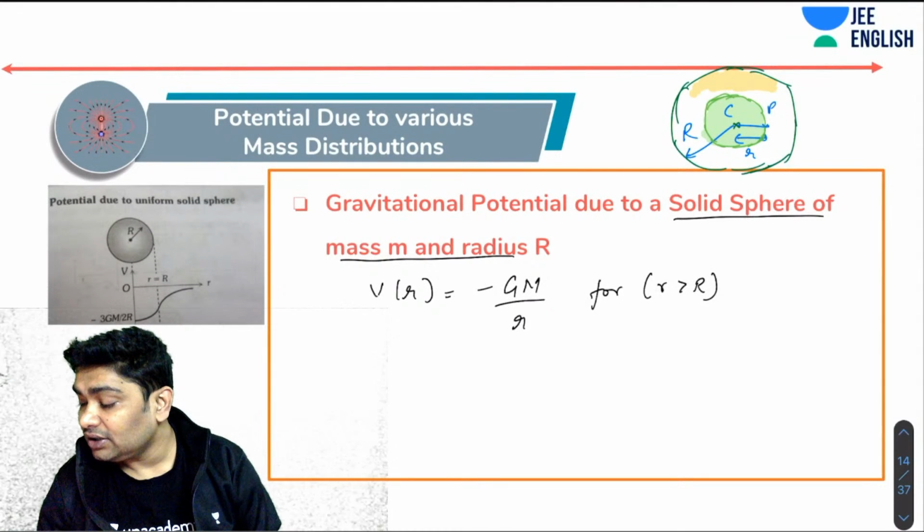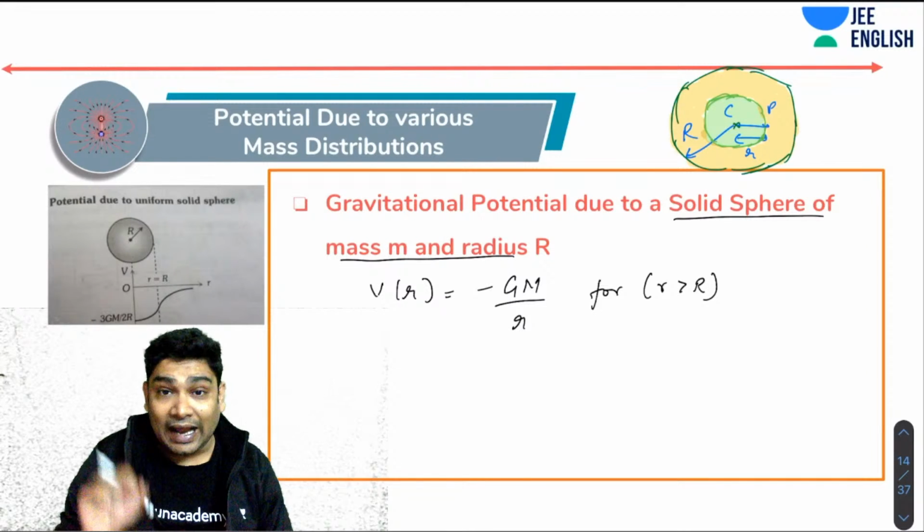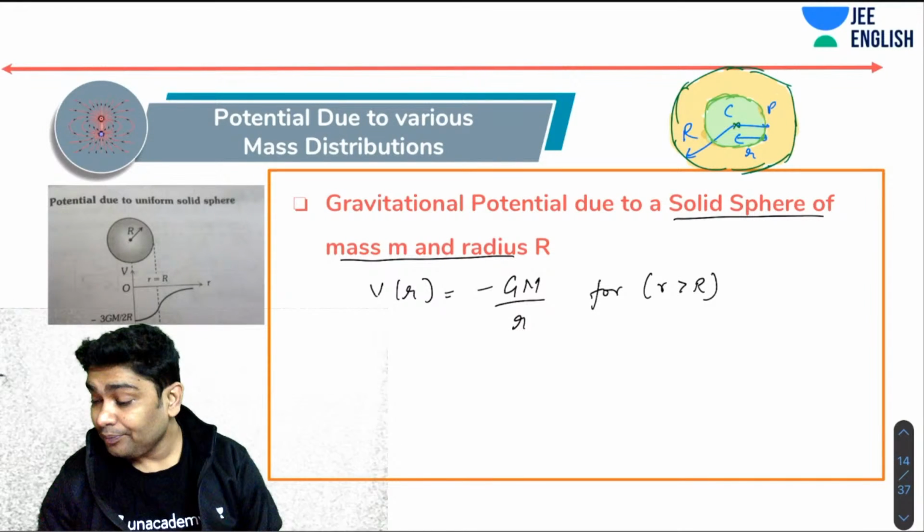These are the two portions of which I will consider the sphere to be made up. Now, for the inner portion, I know how to calculate the potential. Why? Because for the inner sphere, the point P just lies at the edge, so all the mass of the inner sphere will behave as a point mass kept at the center.